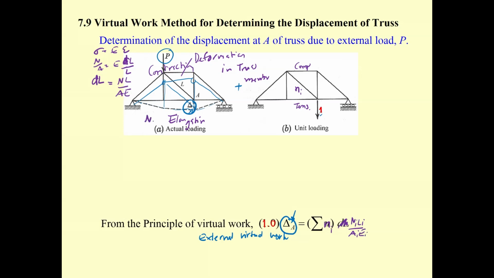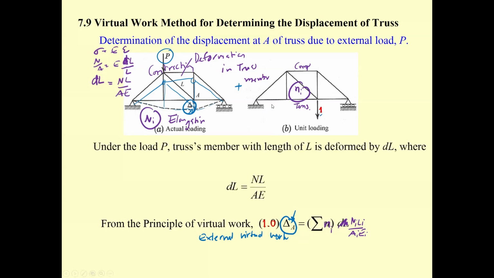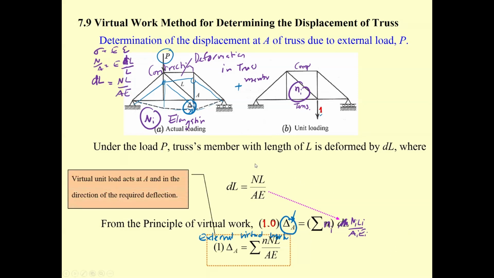For this one, you have to determine capital N sub i. For this one, you have to determine small n sub i. So based on that, you get this equation. Now we move a bit to a more complex one. Let me say this is the virtual unit load.